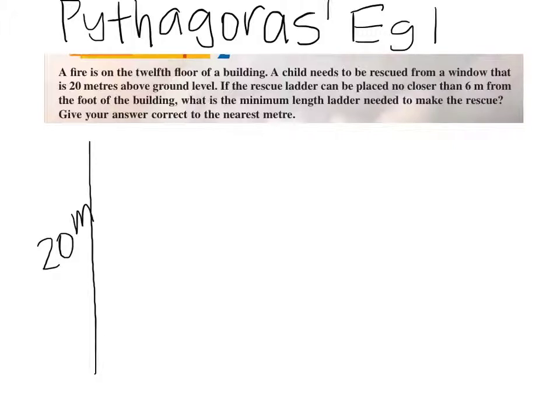And the ladder is going to be placed 6 metres from the foot of the building, so from here. Label that 6 metres. And the ladder is going to be on the diagonal, and we need to put the right angle in.